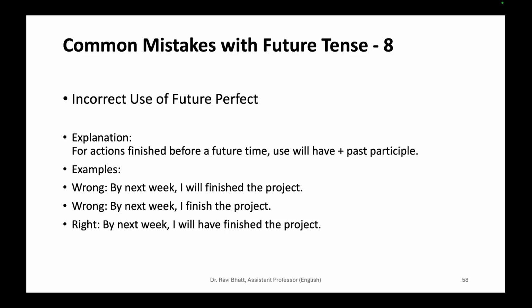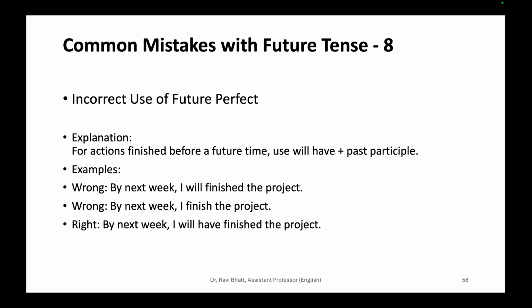Next one, incorrect use of future perfect. Now, how is this incorrect use of future perfect? For actions finished before a future time, we will always use will have plus past participle. Okay, for example, when we say "by next week, I will finish the project," or "by next week, I finish the project," both are grammatically wrong.